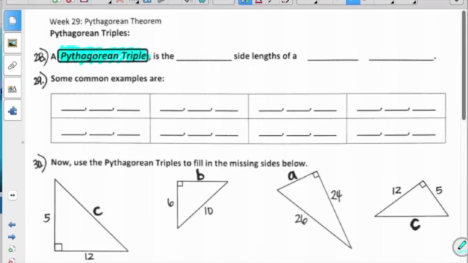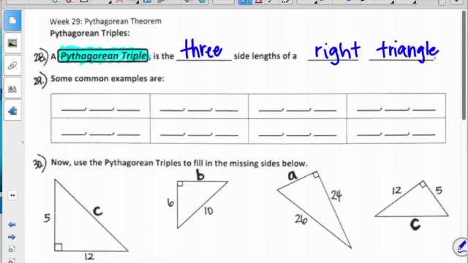So a Pythagorean triple is the 3 side lengths of a right triangle. And if you can become familiar with these numbers, then it will save you time. So we're going to list 8 of them, and then we're going to just use that information to fill in the sides for number 30.